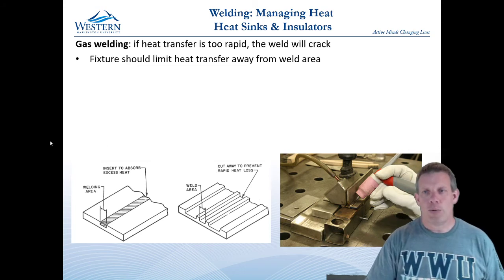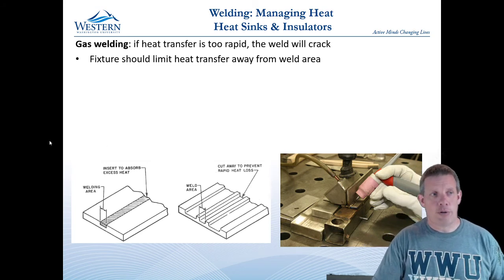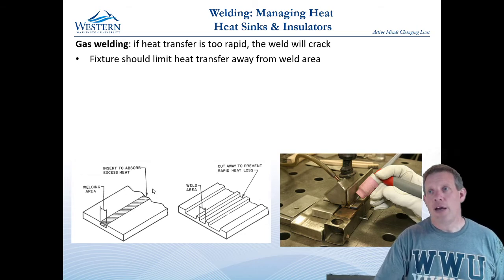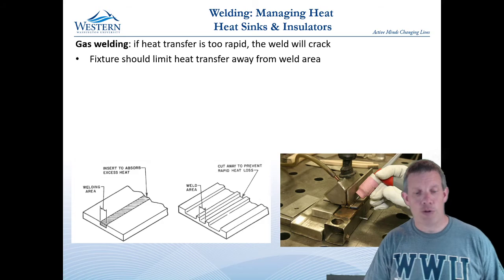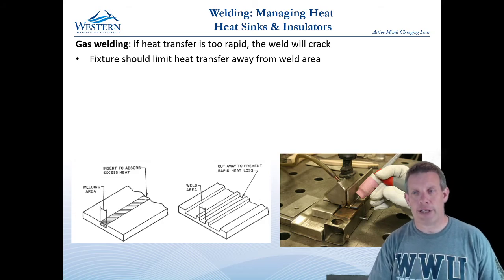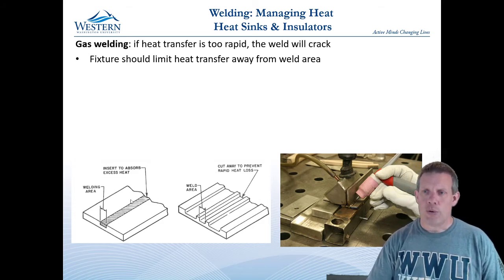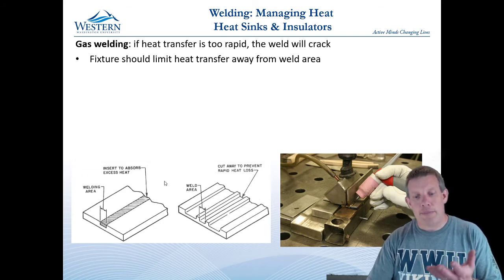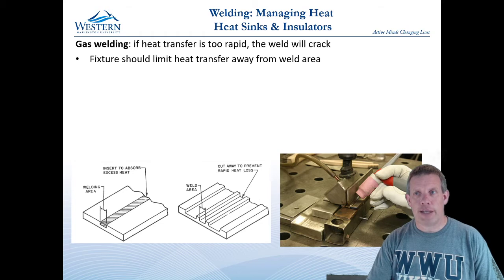So we said that we might have to keep heat in or we might have to get heat out. And so if we're doing gas welding, we can't have the heat leave too quickly or the weld will actually crack. And so in that case, when we're doing the welding, we may have a plate underneath part of our fixture and put a ceramic bar in that to keep the heat from flowing out very quickly.